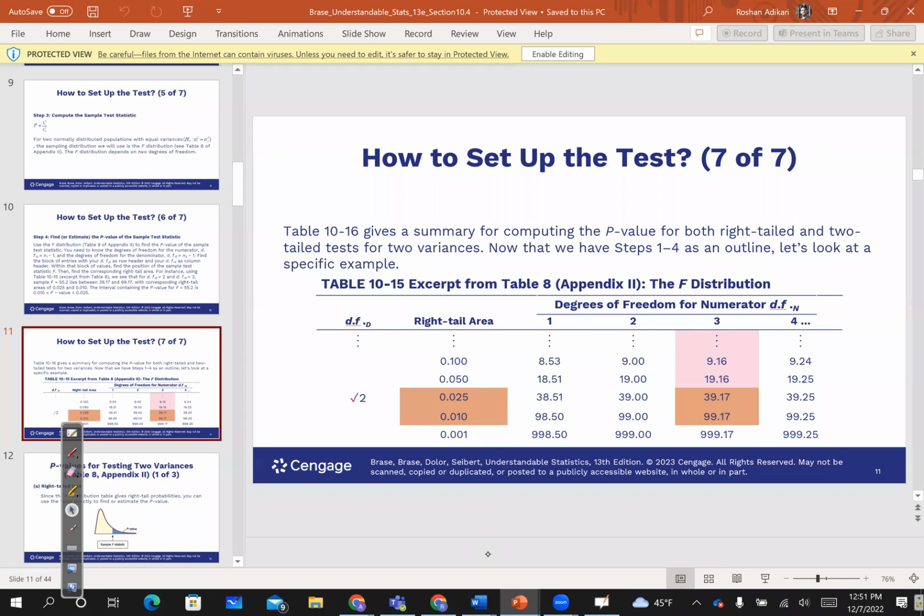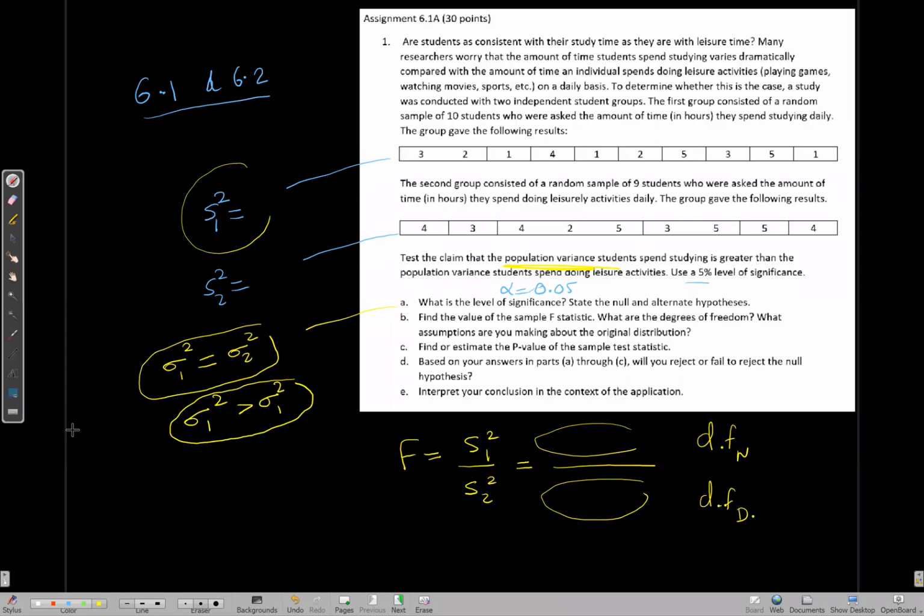So you have to use table 8 and find out. Now let me go back. Here you will get some f value. So in that table, degree of numerator, dfn, so table 8. Find table 8 in your book. Degree of freedom numerator and degree of freedom denominator here.